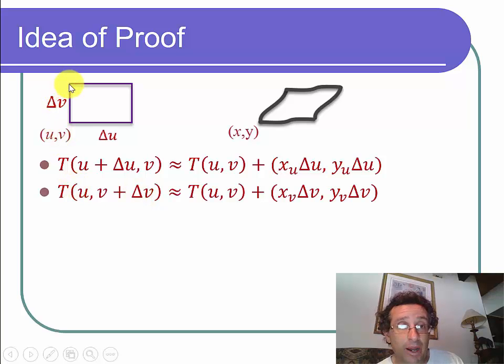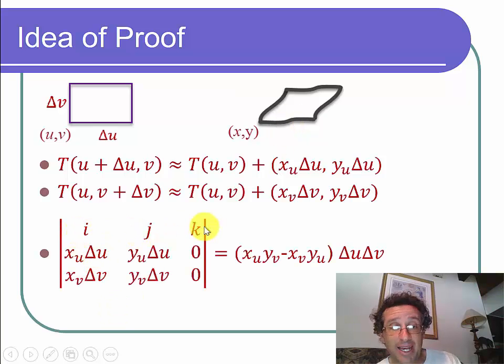Similarly, if we want to find out where this upper left point goes, then T of u comma v plus delta v is about equal to T of uv plus the partial derivative of x with respect to v times delta v, comma, the partial derivative of y with respect to v times delta v. So if we want to find out the area of this parallelogram, the area of a parallelogram is the magnitude of the cross product of the two adjacent sides.